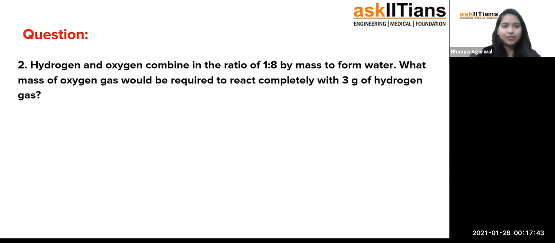Clear? Great. So let's do another question. This question says that hydrogen and oxygen combine in the ratio of 1:8 by mass to form water. This we just proved, right? What mass of oxygen gas would be required to react completely with 3 grams of hydrogen gas? Whenever we see this kind of question, we know that we have to use the unitary method, just like in mathematics.